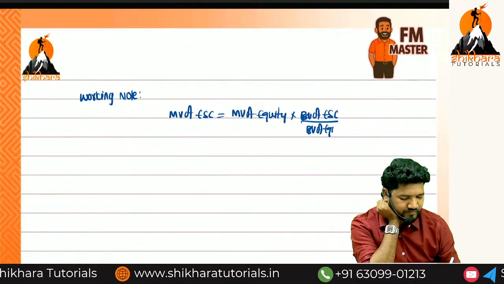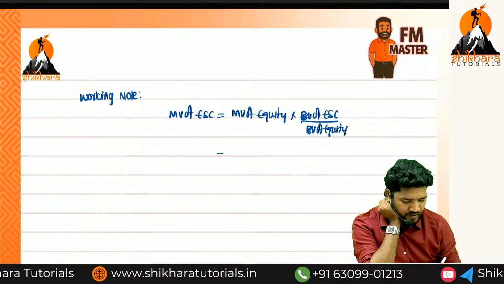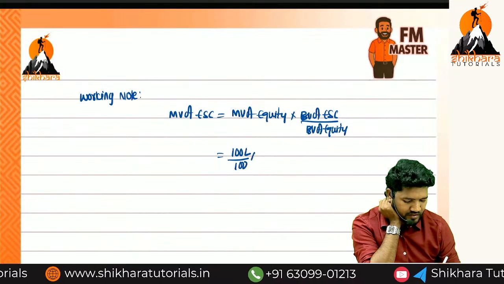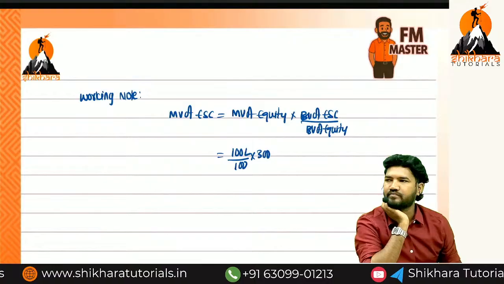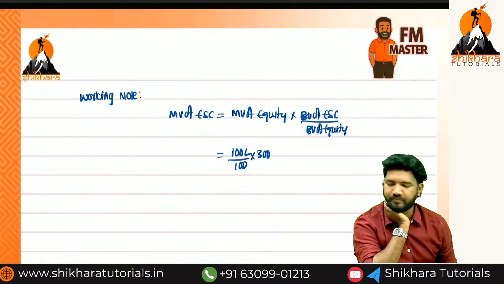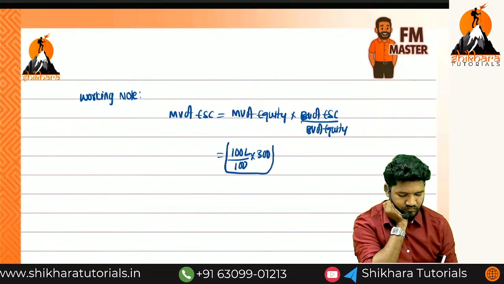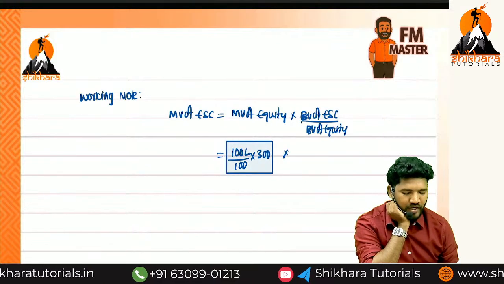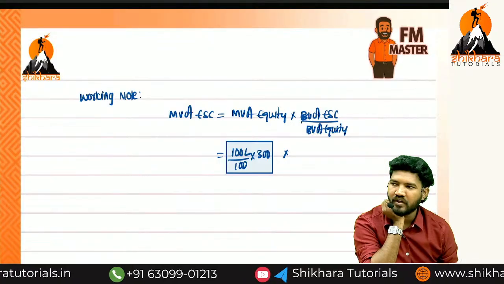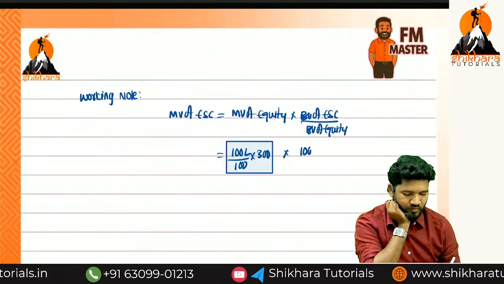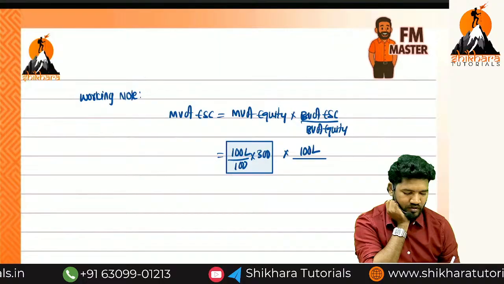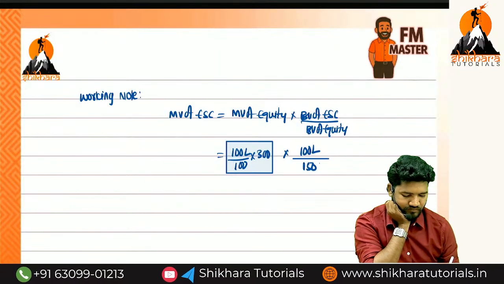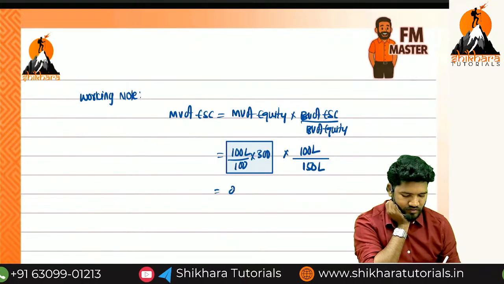Now what is the market value of equity? 100 lakhs divided by 100 rupees into 300 rupees. You will get the market value. Into book value of equity share capital, 100 lakhs. Book value of equity, 100 lakhs plus 50 lakhs, 150 lakhs. Now the answer, 200 lakhs.